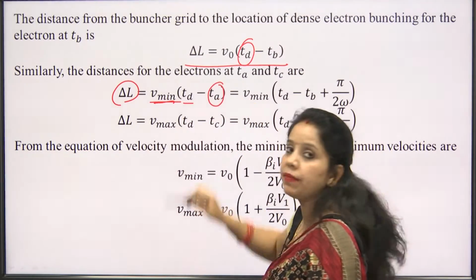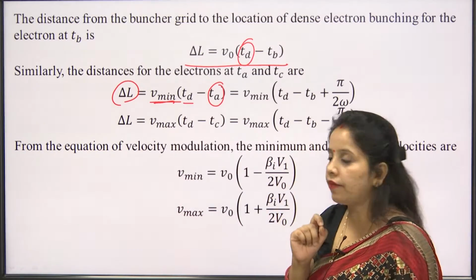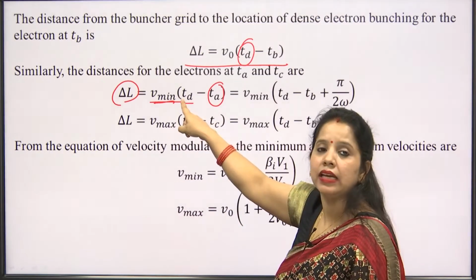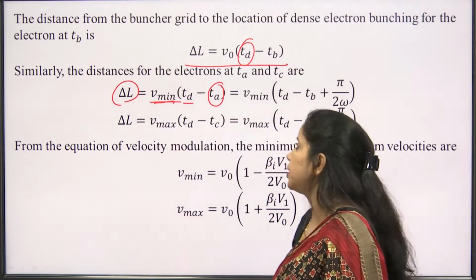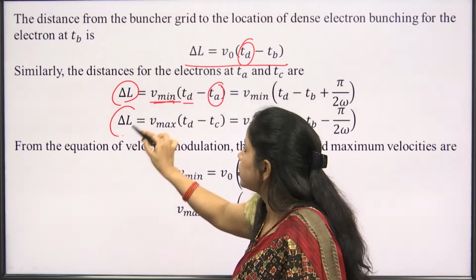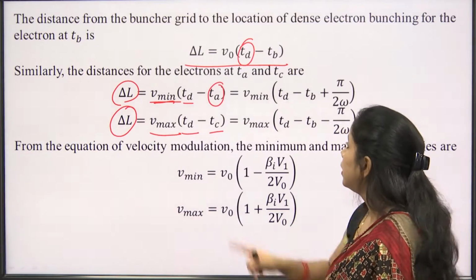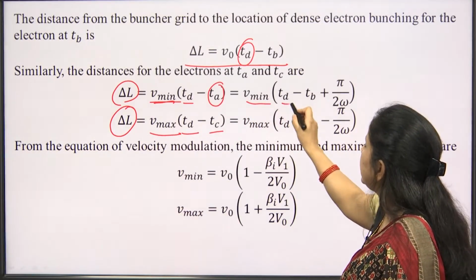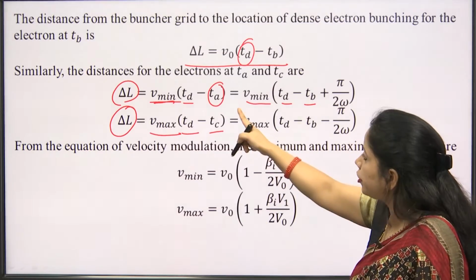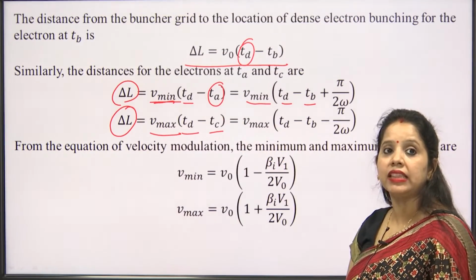Ta is the time at which the slower moving electrons leave the buncher cavity, and Td is the time at which it reaches the final destination. Similarly, for the faster, Vmax times Td minus Tc. We have to relate Ta with Tb. So, what is the relation between Ta and Tb?